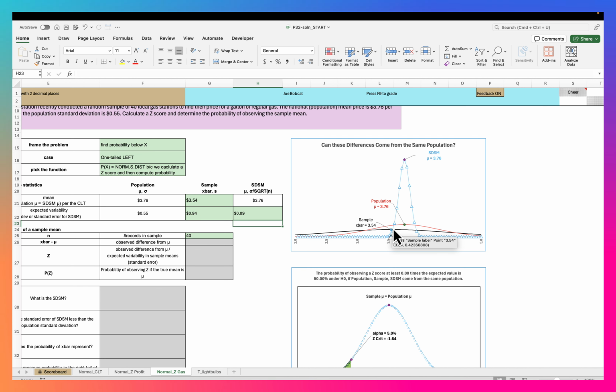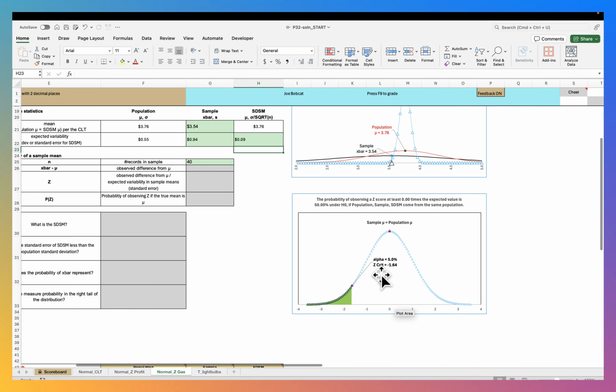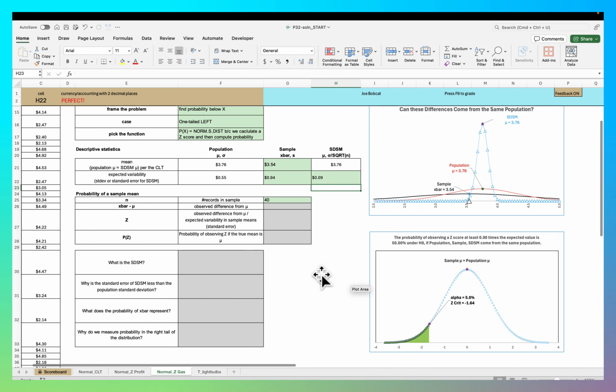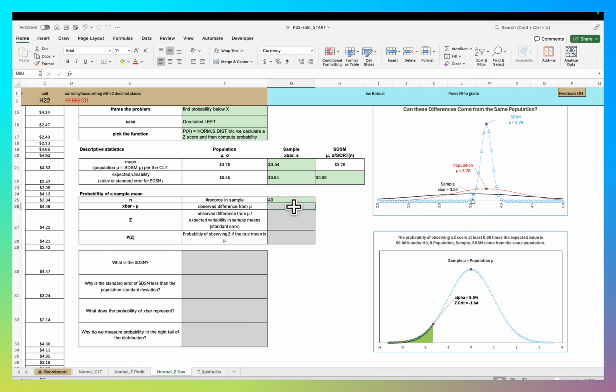This looks kind of unlikely because we're already here in the tail of the sampling distribution, but we'll get more of a feel for it when it gets plotted down here as soon as we answer the next couple of questions. So we'll look at x bar minus mu.